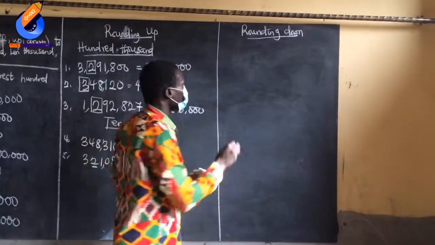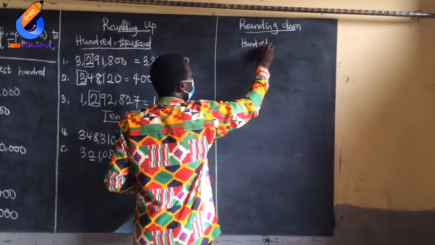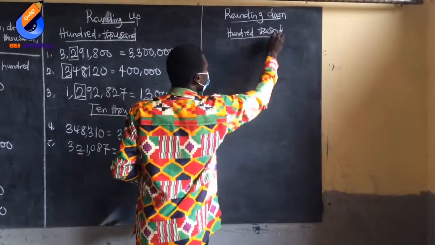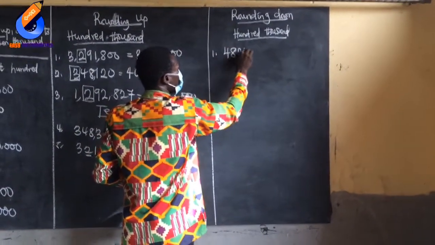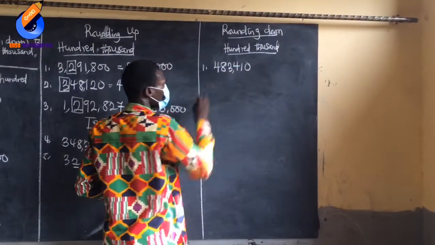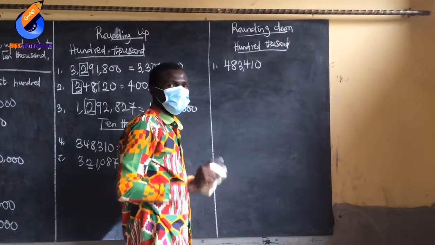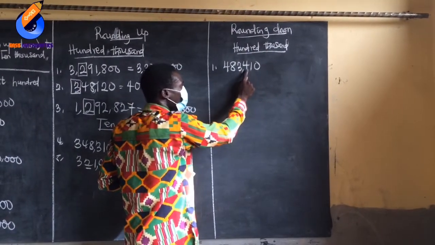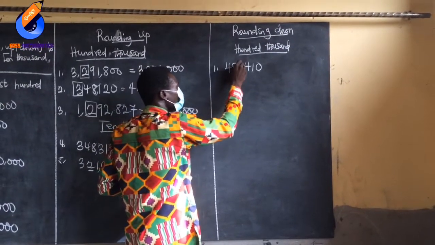What am I talking about? If you are to round down to the nearest 100,000, let's say we have this digit. You are rounding down, so I don't change the figure. So ones, tens, hundreds, thousands, 10,000, 100,000. This is the figure.